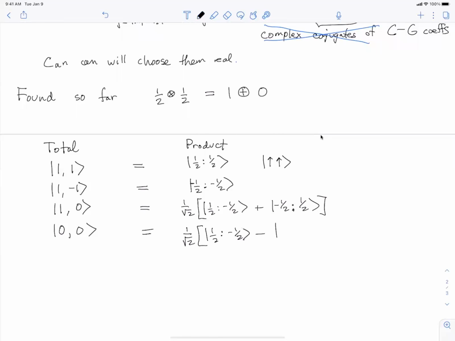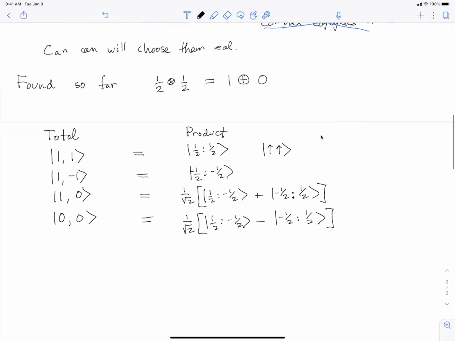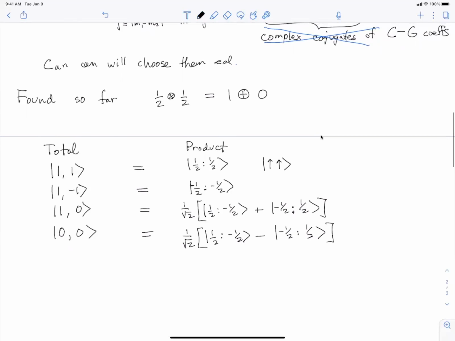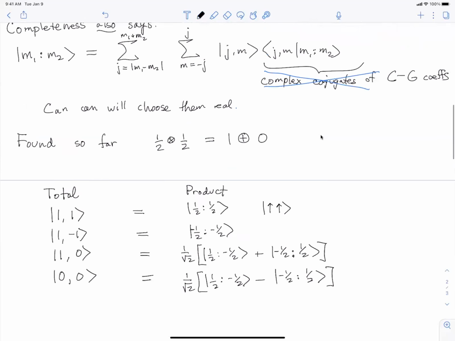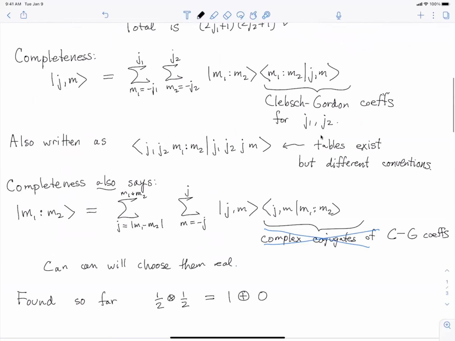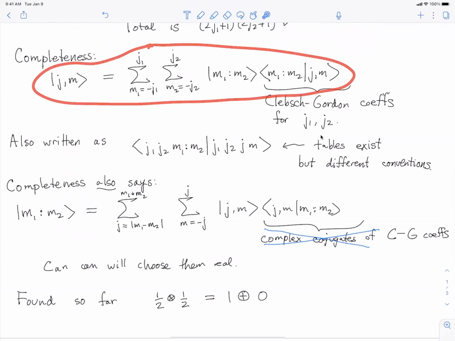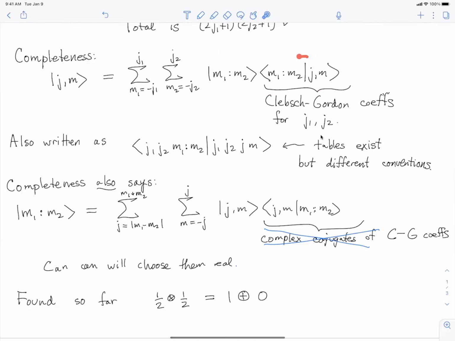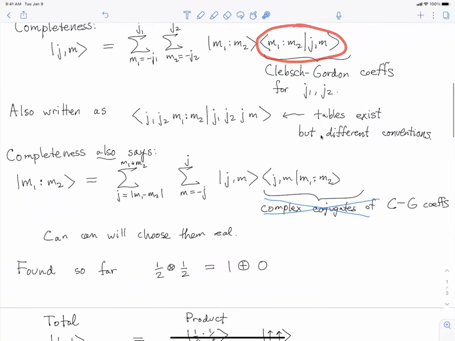So the same thing, but with a minus sign. So we had worked this out by finding how to write one state in terms of another state. But now if we want, we can look back at this equation, and we see that basically this information is the same as the Clebsch-Gordon coefficients.